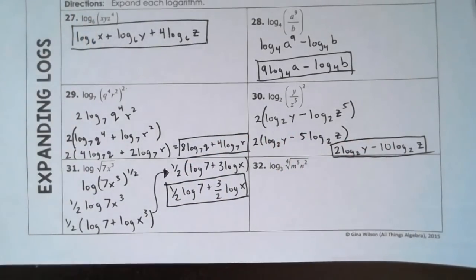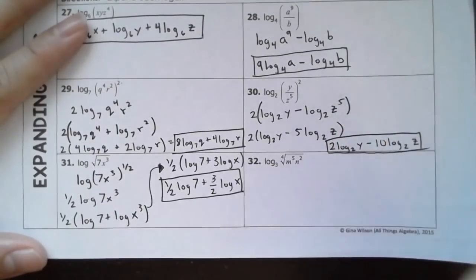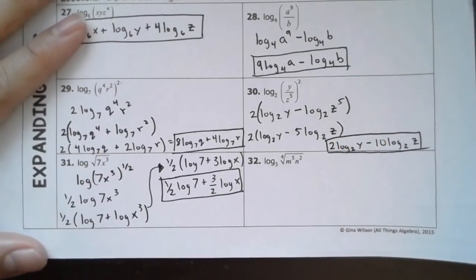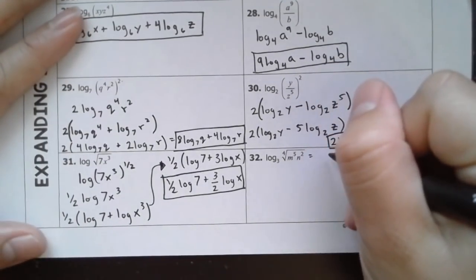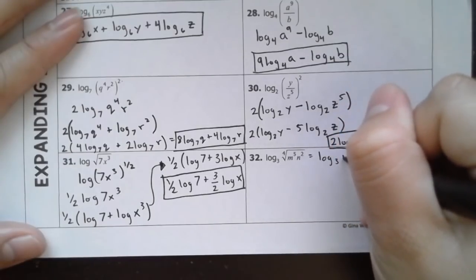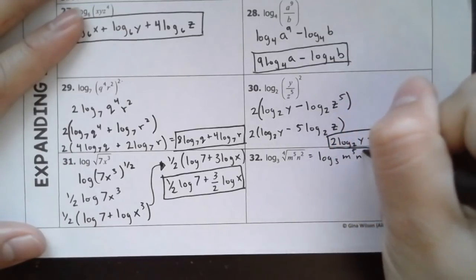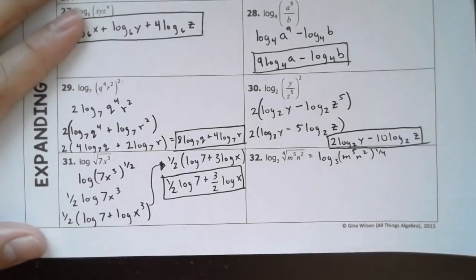Finally, the last one, I have the 4th root of m to the 5 n squared. I can write this as log base 3 of m to the 5 n squared to the 1/4. That would be the 4th root.